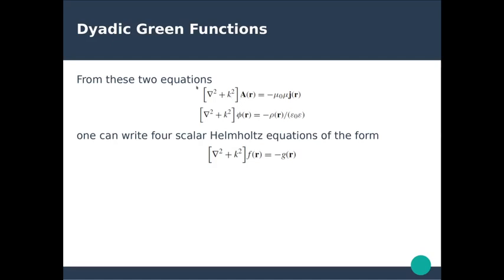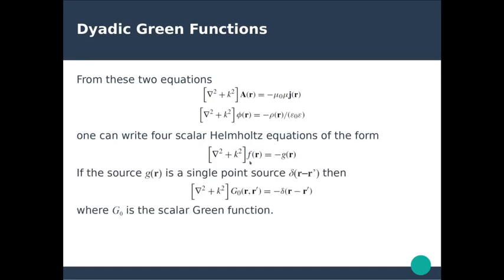Those Helmholtz equations are equivalent to the wave equations in the frequency domain. So these are the equivalent of wave equations applied on those potentials. The right-hand side terms, which are represented by this function g, serve as the source, and this is the field that actually propagates from the source.